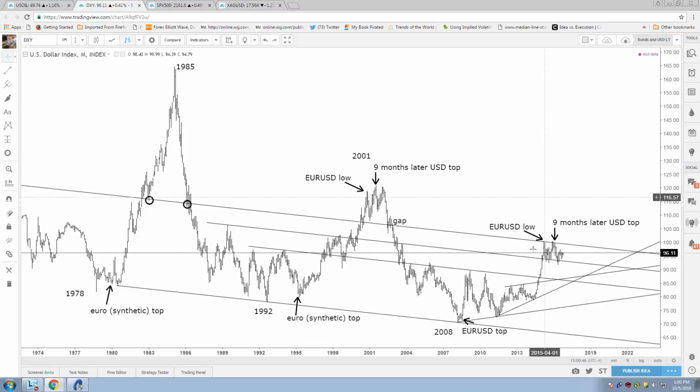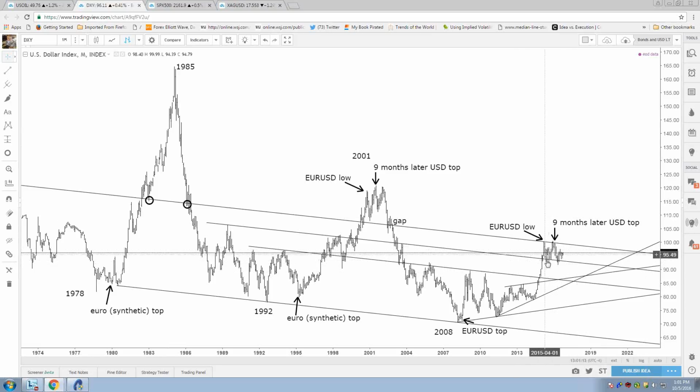Do you remember this chart from back in June, the June special report on the dollar? The dollar hasn't really gone anywhere since then, but I want to remind you of the divergence that you will see at turning points in the US dollar and the euro in particular, because the euro makes up 57% of this index.